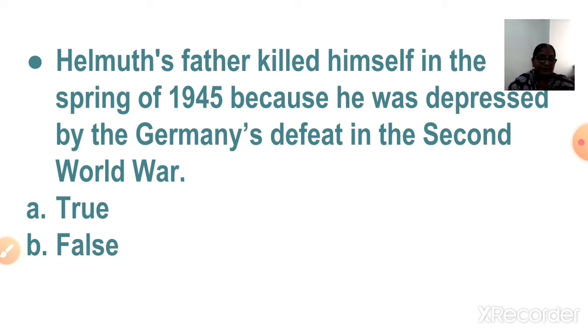Helmut's father killed himself in the spring of 1945 because... Helmut, in the beginning of this lesson, we have studied about Helmut. We saw the situation that prevailed in Germany after Second World War, the fear among the people of Germans.